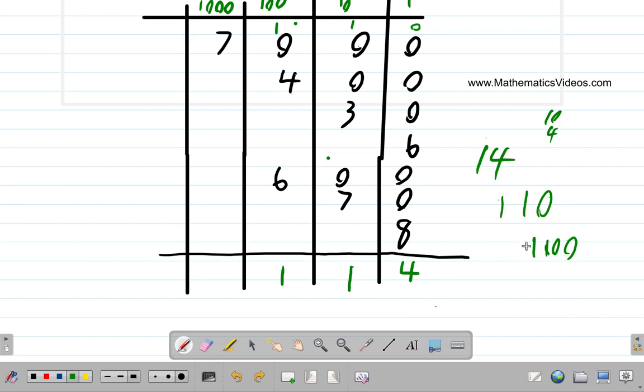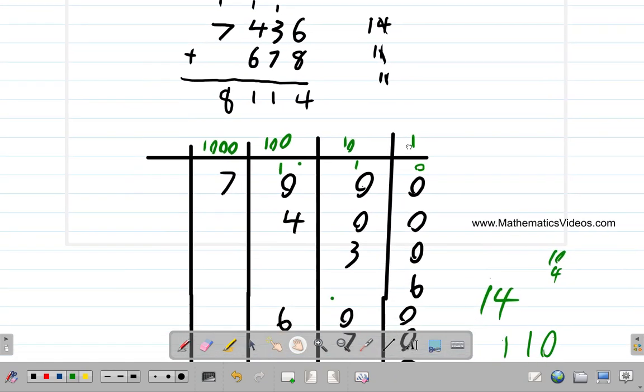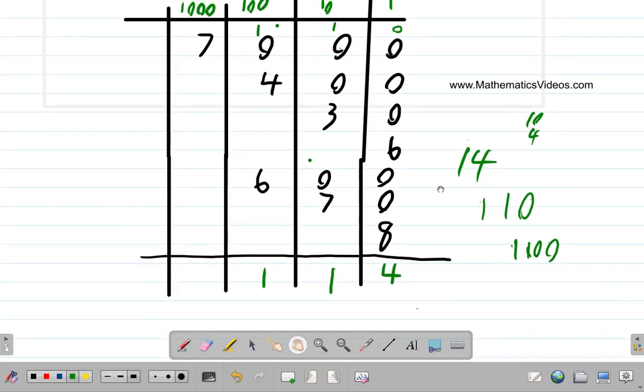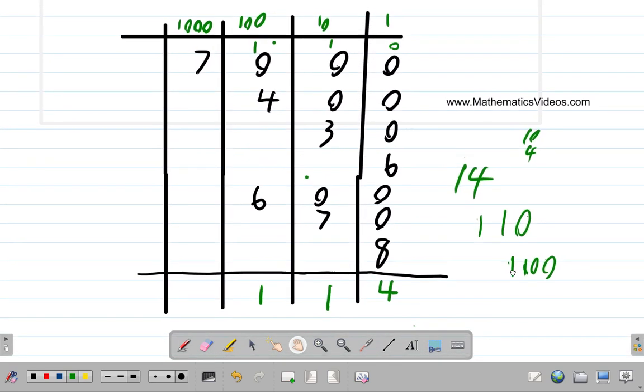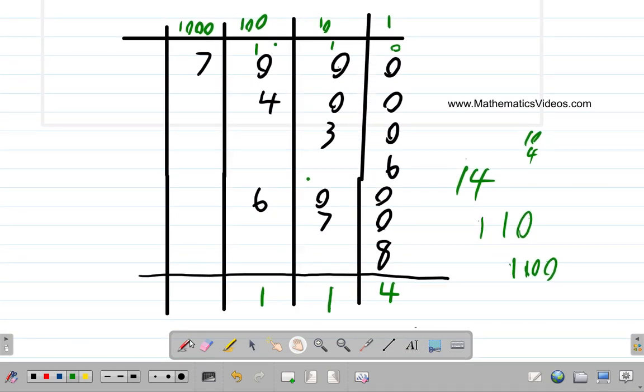Now, up here, when you carry this one over the 7 and say 7 and 1, 8, what you really do is this 1 represents 1,000. Since it's 1,000, you put it here, so you say 1,000.